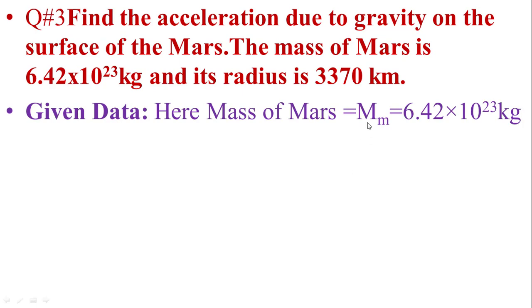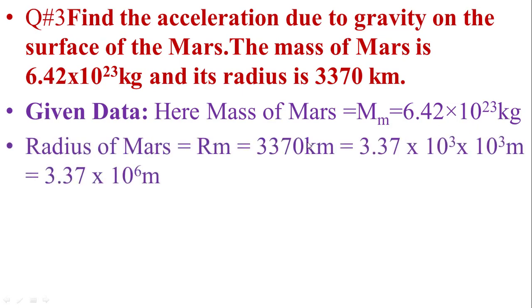M, capital M denotes mass and small m denotes mass. Its value is equal to 6.42 multiplied by 10 raised to power 23 kg. Now the radius of Mars, Rm, is equal to 3,370 kilometers.